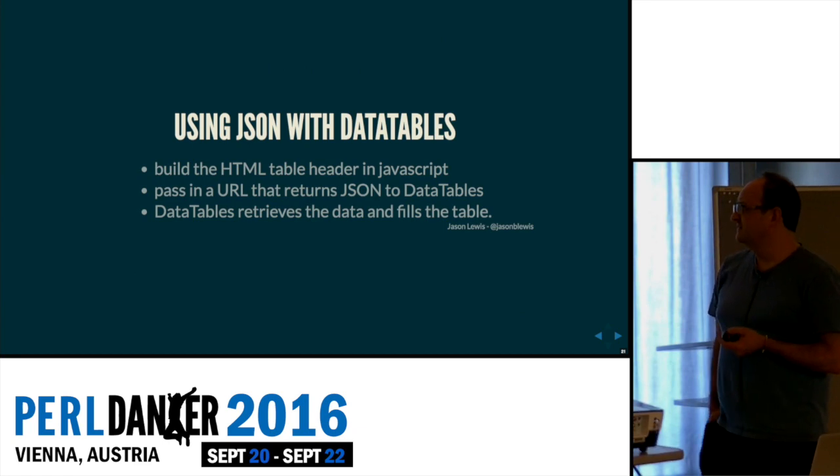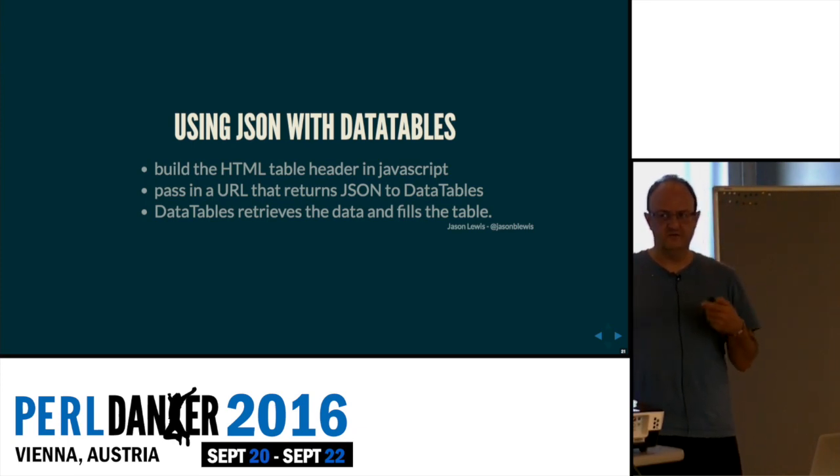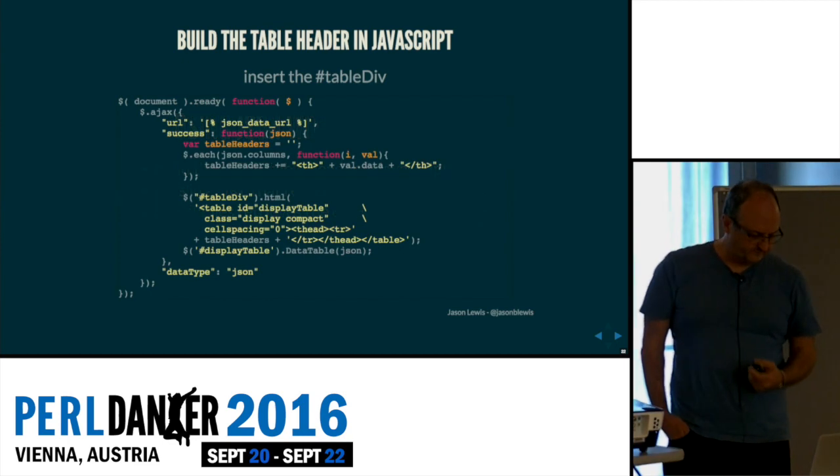So an alternative is using JSON with DataTables. It has the ability to read the data from a JSON URL. So you just build an HTML table header in your page, pass it a URL that will return some JSON data, and DataTables retrieves that data and fills the table.